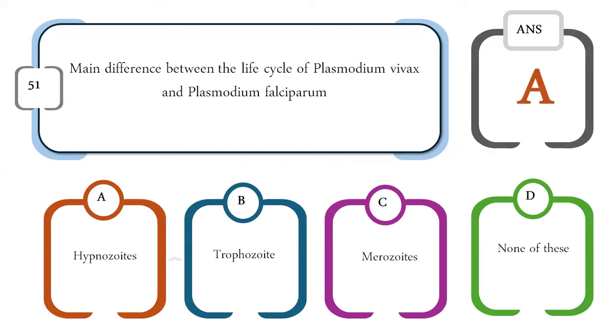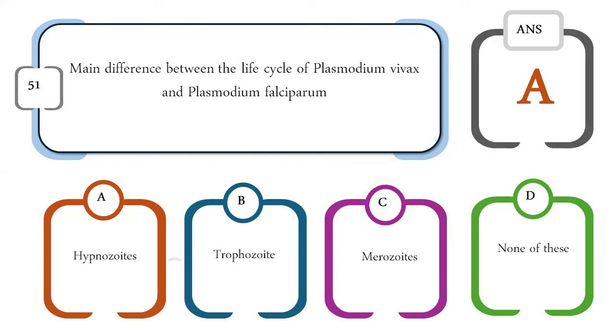So what are hypnozoites? Hypnozoites are the resting stages. They are formed in the exoerythrocytic schizogony. Plasmodium vivax has exoerythrocytic schizogony, and Plasmodium falciparum doesn't have exoerythrocytic schizogony, which means in case of Plasmodium falciparum, hypnozoites are absent, and in case of Plasmodium vivax, hypnozoites are present.